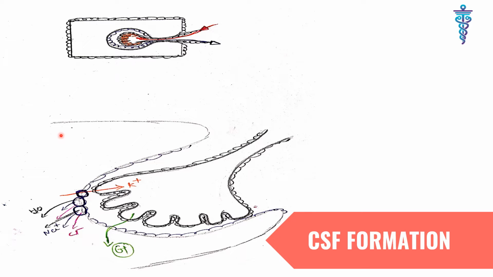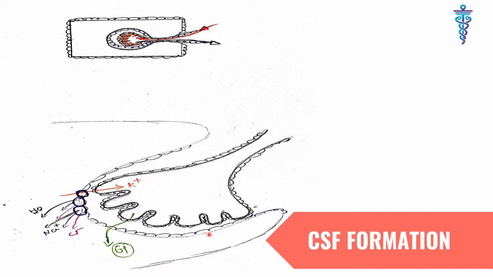So how is the CSF produced? CSF is produced by the choroid plexus. But what is the choroid plexus? The choroid plexus is a network of capillaries covered by specially fenestrated ependymal cells. When the tela choroidea reaches the deepest area, it is covered by ependymal cells.